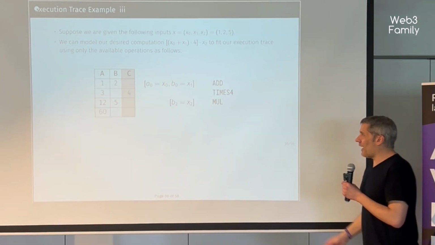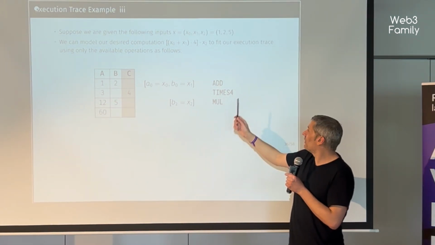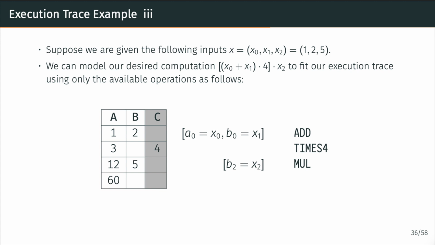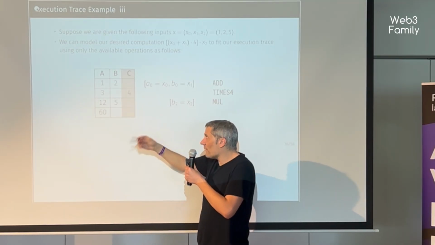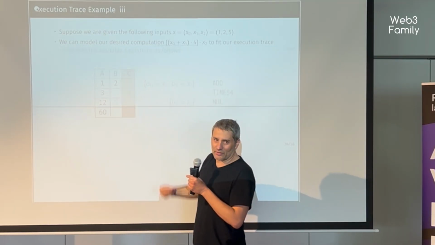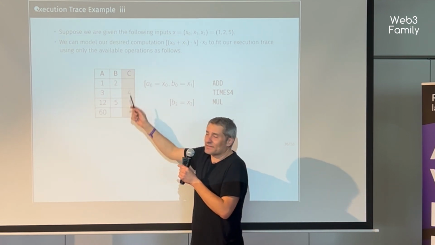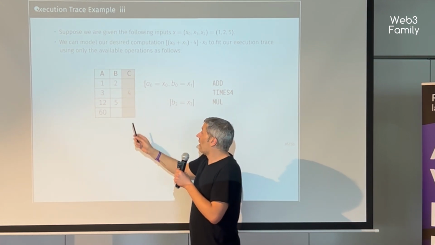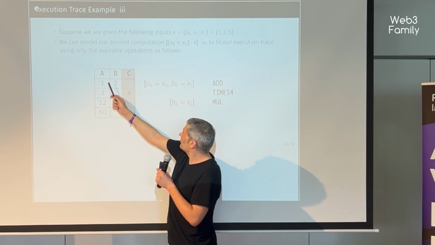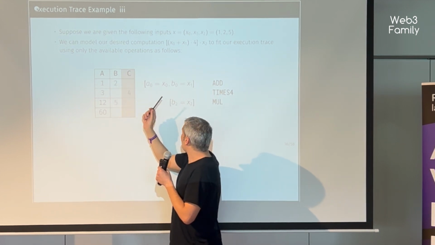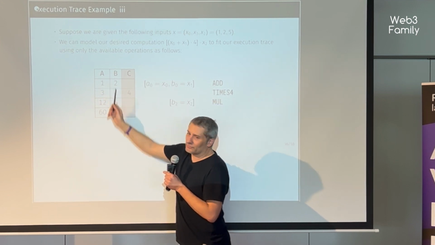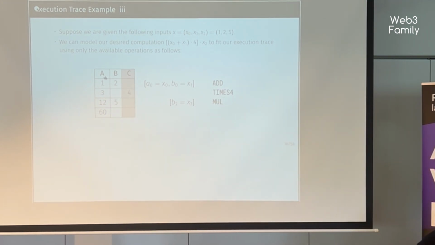So we can do our computation like this. First we need to make sure that our machine, our prover, has 3 columns. I'm constrained to this amount of columns. So with my instructions, what I need to be sure is that in A0 I have the first input, x0, and in B0 I have the second input.